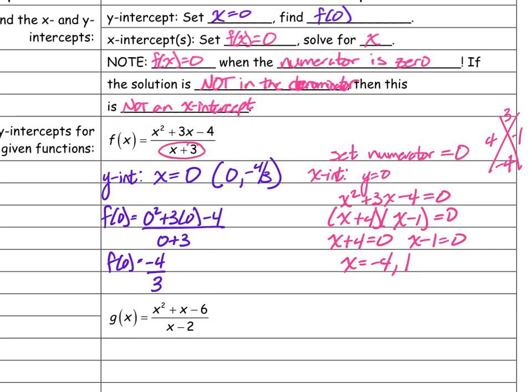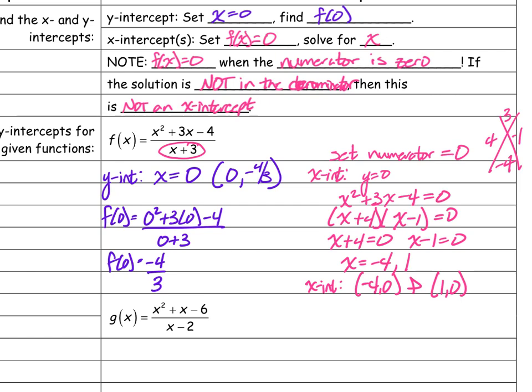No. The only thing that's going to make my denominator 0 is negative 3. So neither one of those is going to make my denominator 0. So my x-intercepts are at negative 4, 0, and 1, 0. I just have two x-intercepts. Is that okay? Yes, it is.